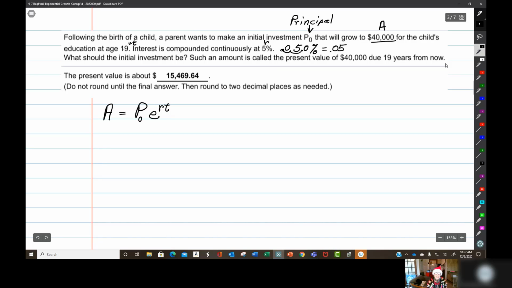Now what they're telling us is that the parents want to invest some money so that it will grow to $40,000. Now R is 0.05, and we know that T is 19. So what we need to solve for is P naught.